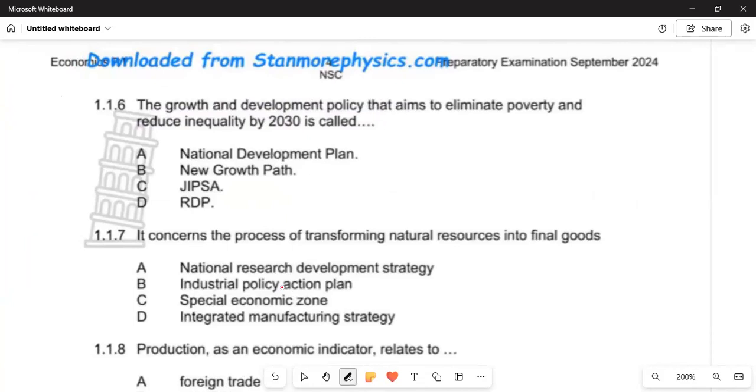It reads as follows. The growth and development policy that aims to eliminate poverty and reduce inequality by 2030 is called what? That is 1.16.